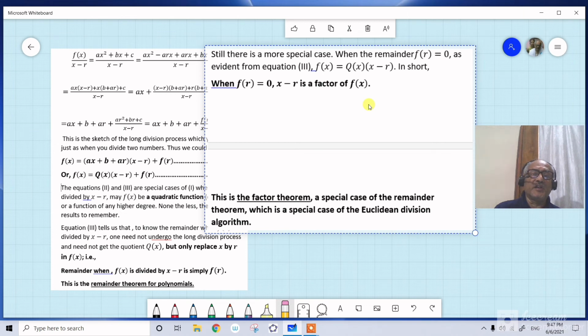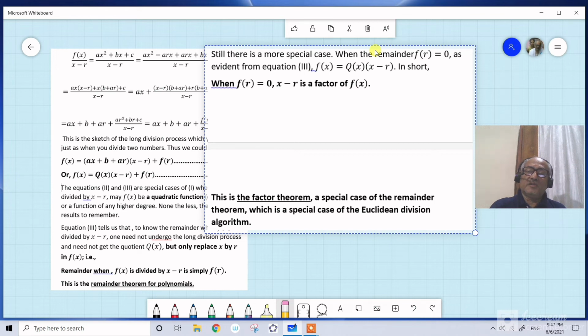Next, having understood the remainder theorem, Euclid's remainder theorem for polynomials, we proceed to a special case when the remainder f(r) is equal to 0. When the remainder is 0, as we said in the calculation of numbers, x minus r divides f(x). So x minus r is a factor of f(x). Why? Because f(x) becomes q(x) into x minus r and the remainder is 0.